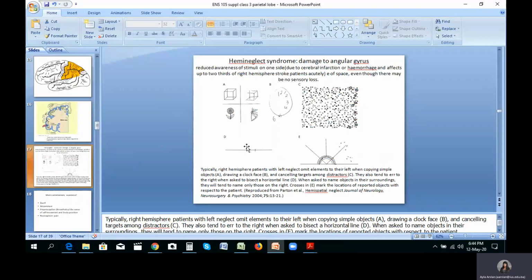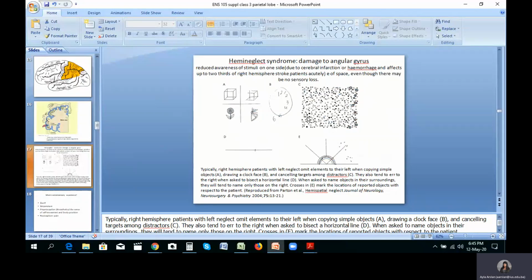What is typical for these people is that when they are asked to draw this cube, they draw only the right part of the cube and ignore the left part when they have damage in the angular gyrus in the right hemisphere. Or when they are asked to draw this flower, this is what they see and draw. Or when they are asked to draw a clock, this is how they draw.